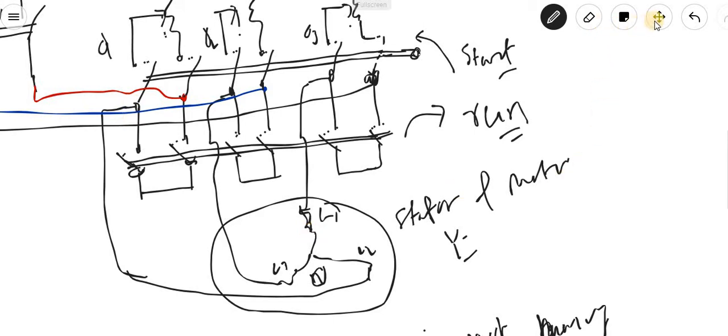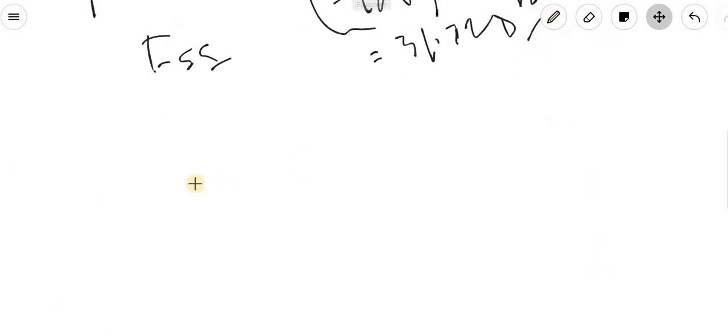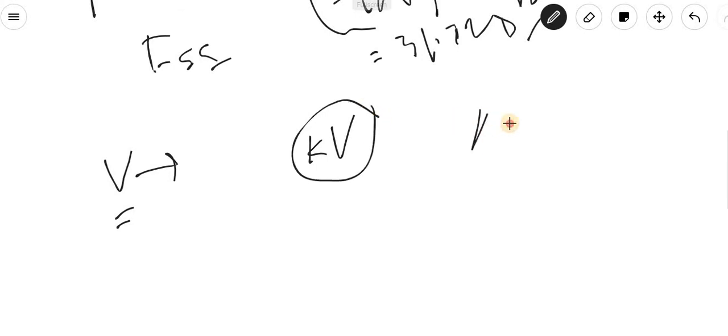Okay, suppose somewhere we have set the voltage to some fraction of the rated voltage, k times V, where k is less than 1. If k is 1, it means we are directly applying the rated voltage.